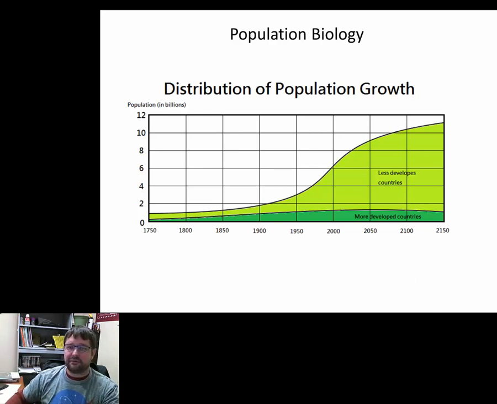At about 9 billion is the max. Now, we'll see if that's true, obviously, because we're going to make it to 9 billion. But we'll see if that's true, and I'll show you how other populations are regulated by similar things.